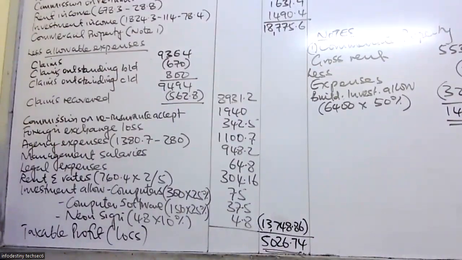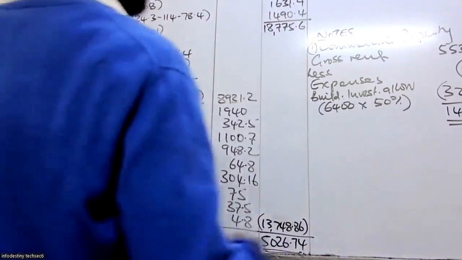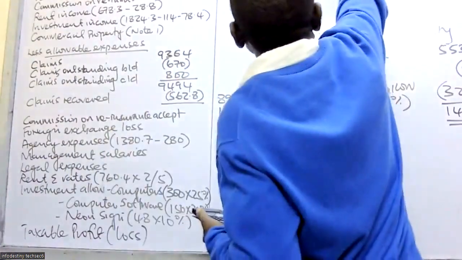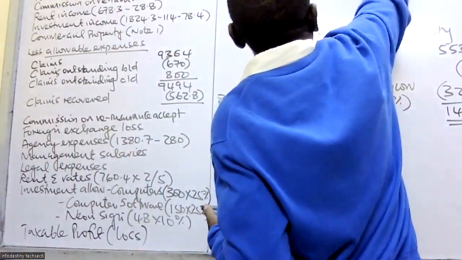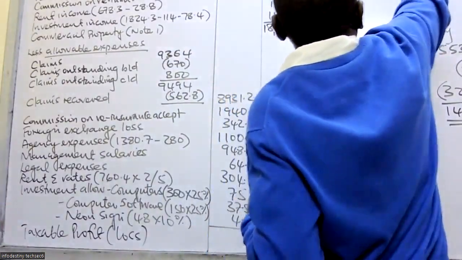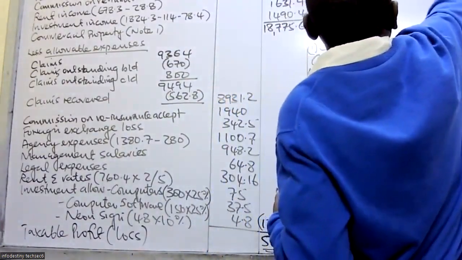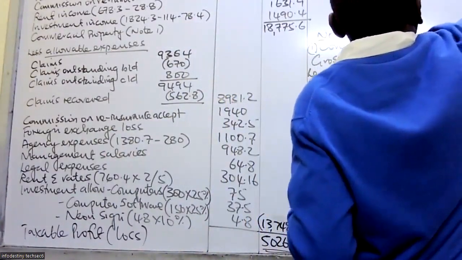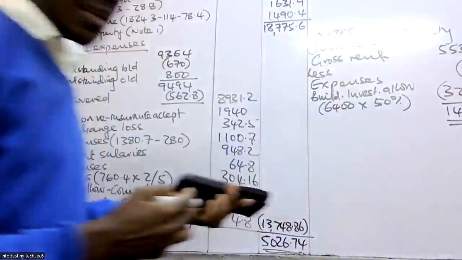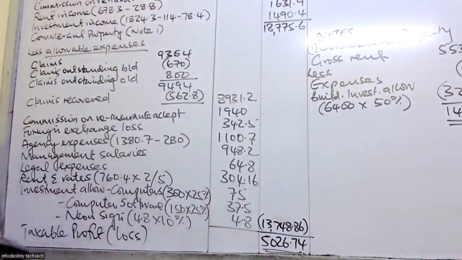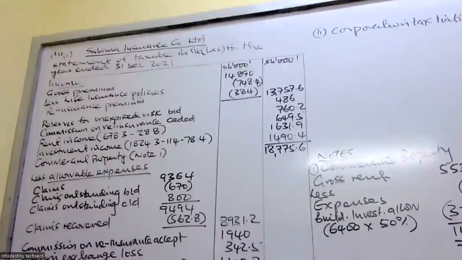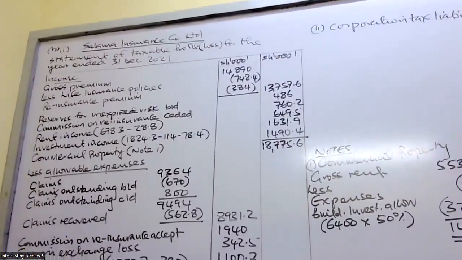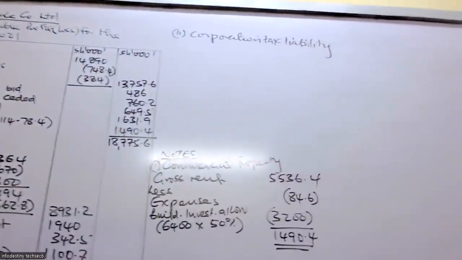The examiner wants the tax, so we compute tax liability for number 2, say corporation tax liability. So corporation tax liability will be 30% of this amount.